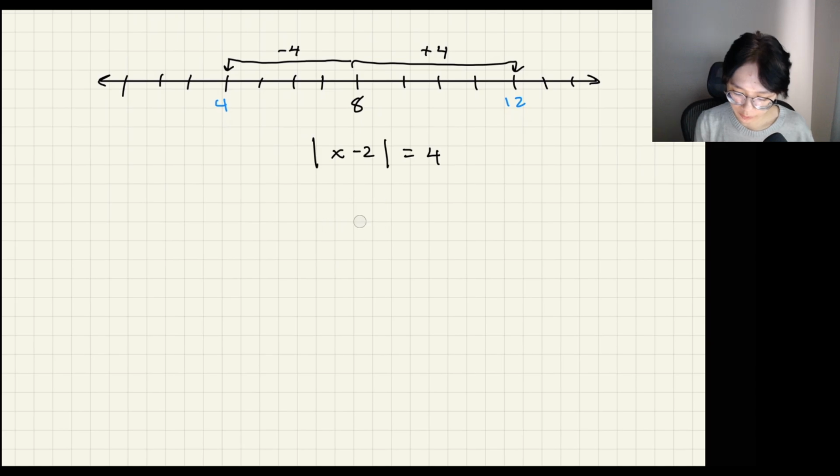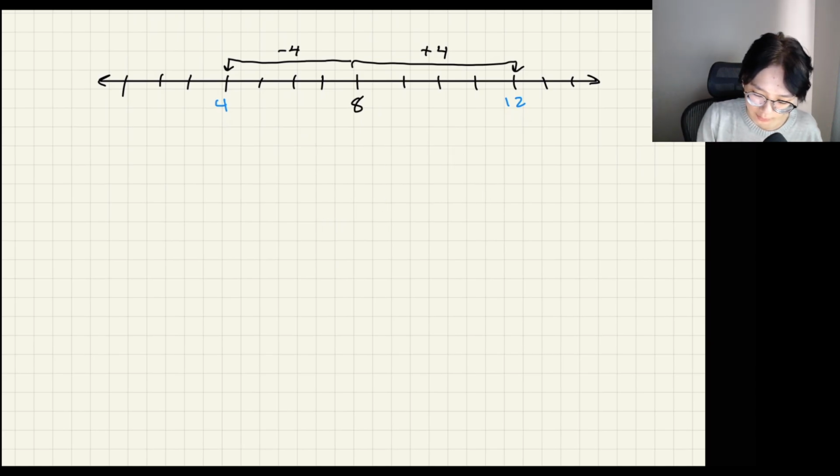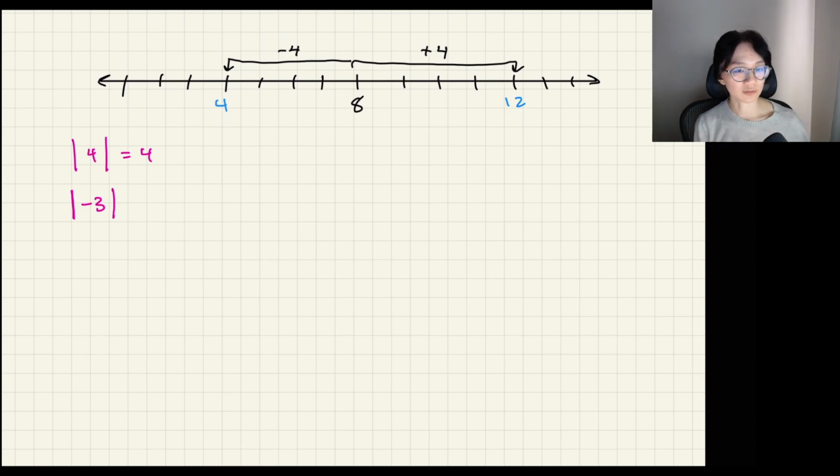So as a quick refresher, if we have absolute value of 4, how far away is 4 from 0? 4. Absolute value of -3. How far away is -3 from 0 on a number line? 3. You can also think of it like just getting rid of the negative, because it's just how far it is from 0.